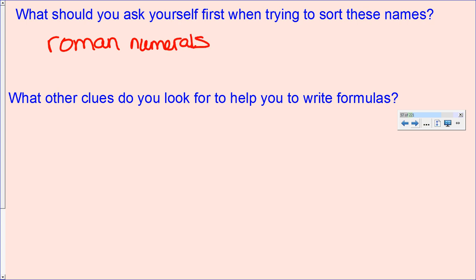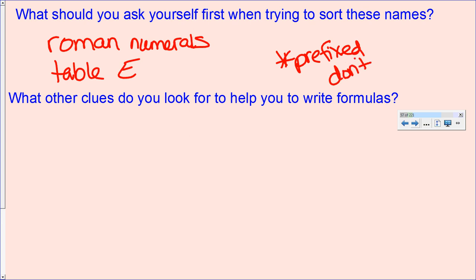Check out anything from table E. And remember, prefixes don't use crisscross, whereas all of our other formula writing does.